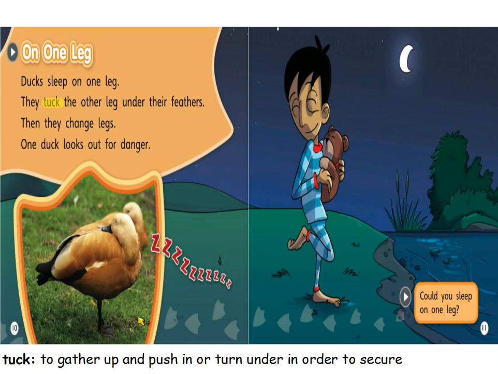I also noticed the author did the Z's again to make me think of someone that might be sleeping. Did you also notice the picture of a boy standing on one leg, sleeping? Could you sleep on one leg?